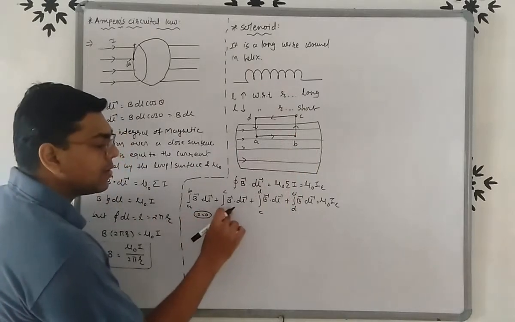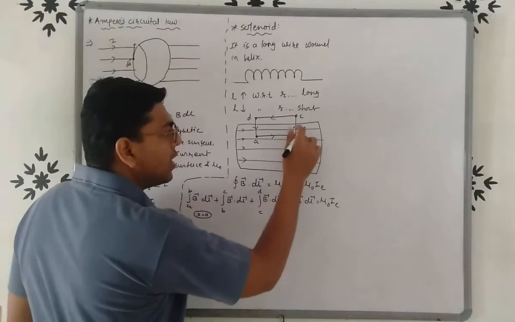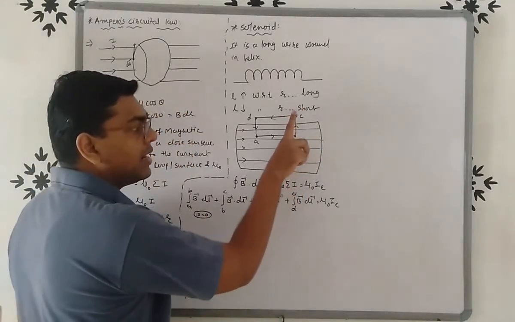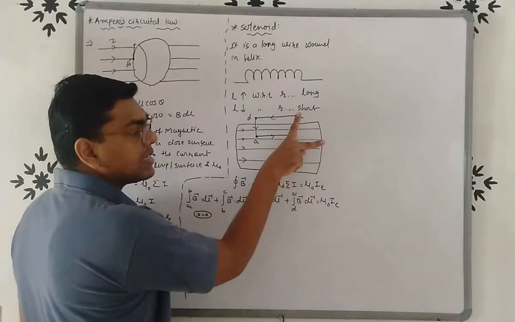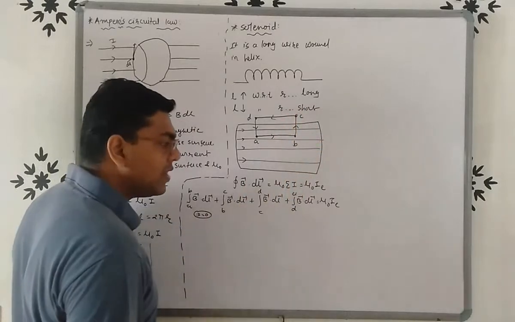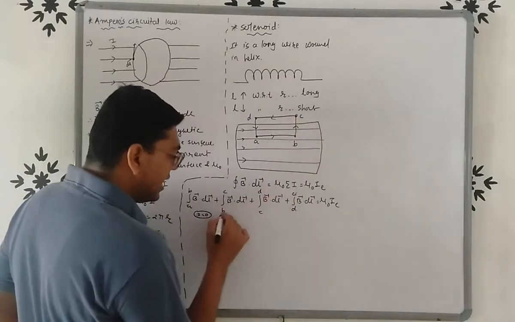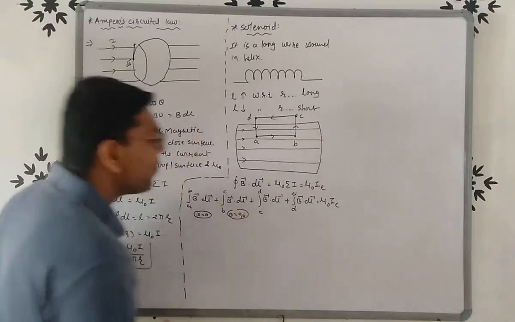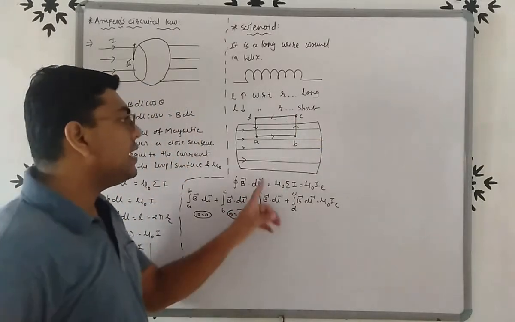Now for B to C, the length is dl and the magnetic field is in the direction of the x-axis, so the angle between B and dl is 90. So theta is 90. Now CD.